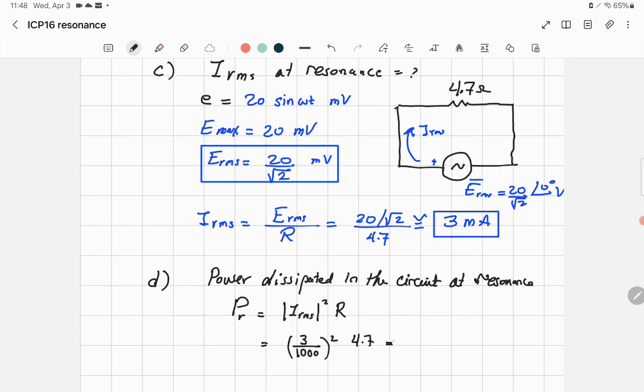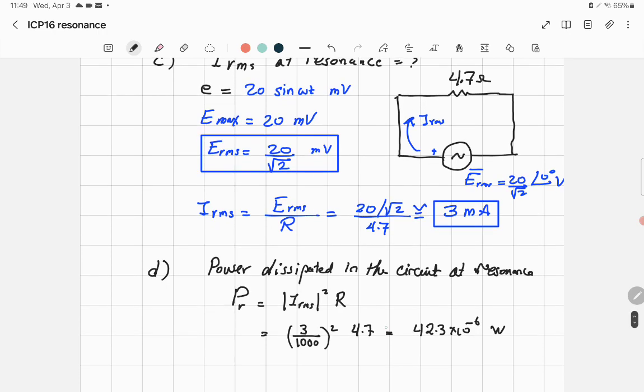When you do that, you will find that it's equal to 42.3 times 10 to the power minus 6 watt.